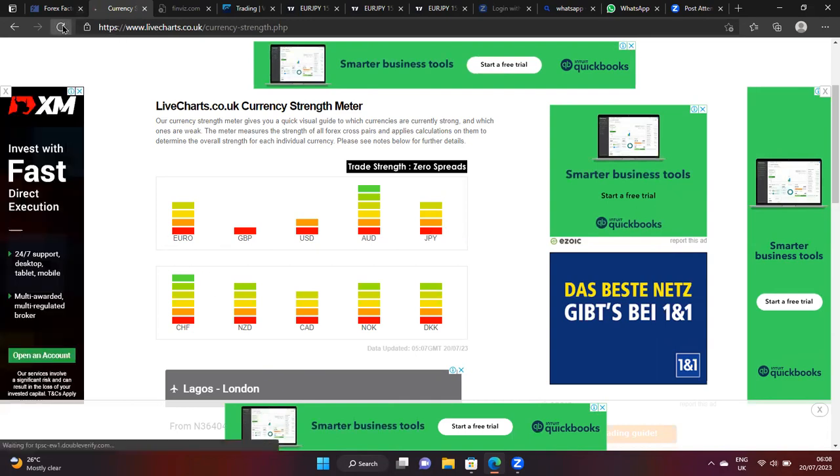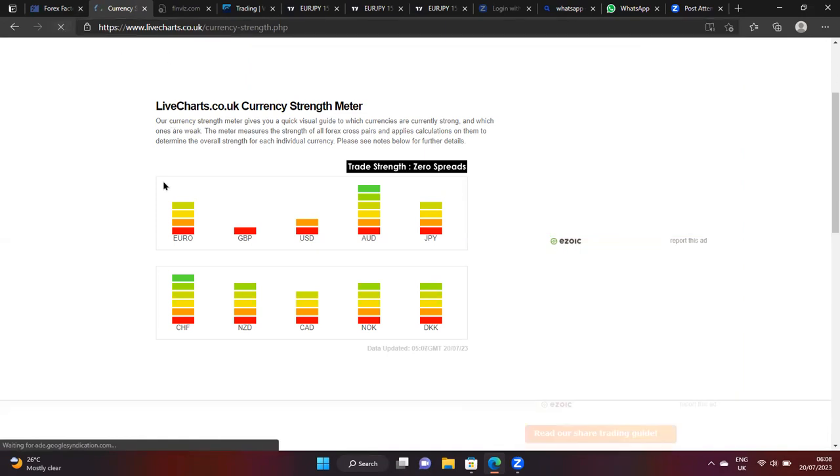As at now, Euro JPY is almost at the same strength on the livechart.com.uk currency strength meter.